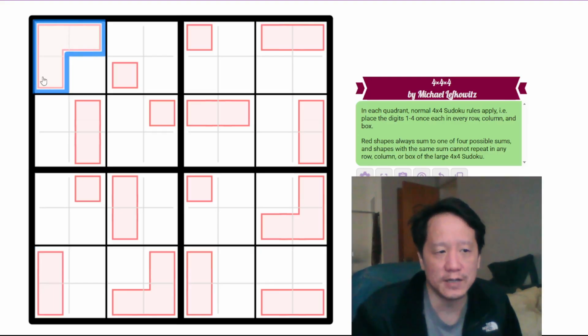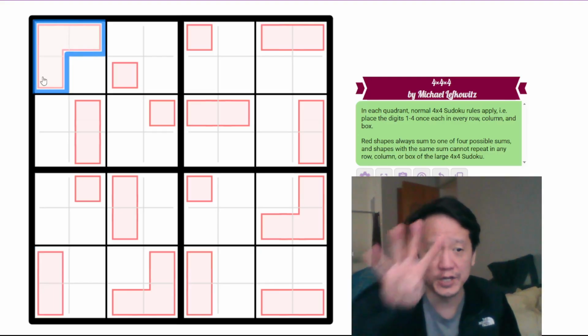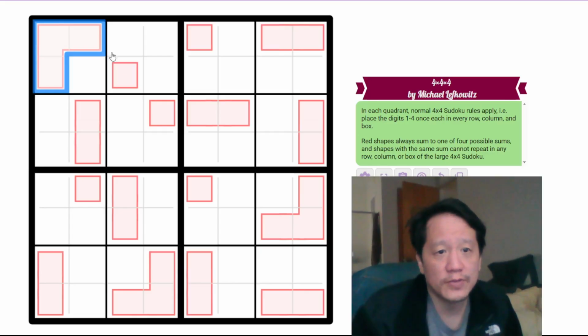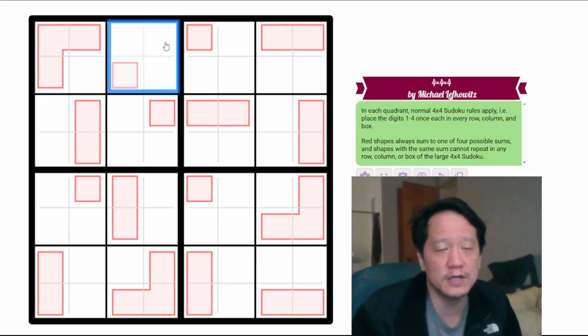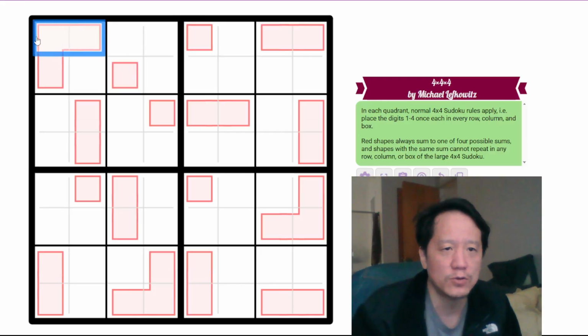And they sum to only 4 unique sums. So that means this cannot be equal to the sum of this or the sum of this. It has to be equal to either the sum of this shape or the sum of this, and we don't know which. Same with this.